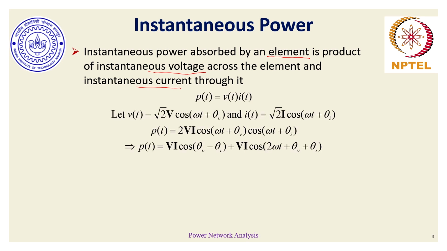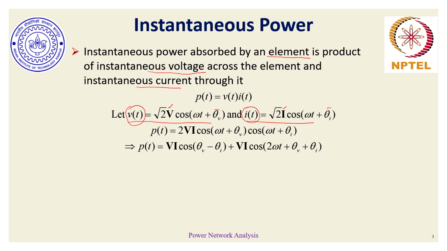So if we have a time voltage signal defined of this form, a cosine wave, and a current signal which is also defined as a cosine wave, where the difference is that their RMS values are different and the corresponding phase angles may be different, may be same, depending on what circuit element has this voltage drop across it and what corresponding current is flowing through it.